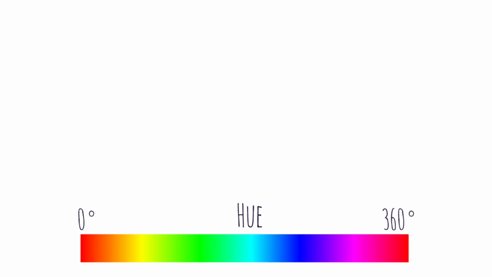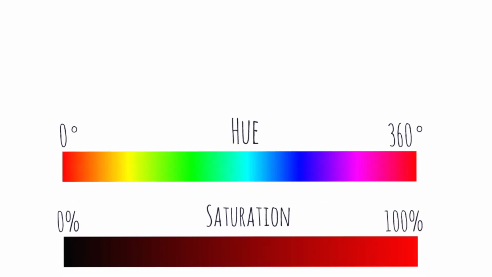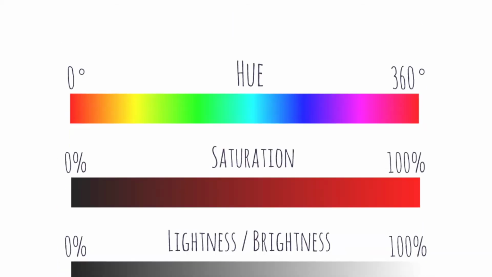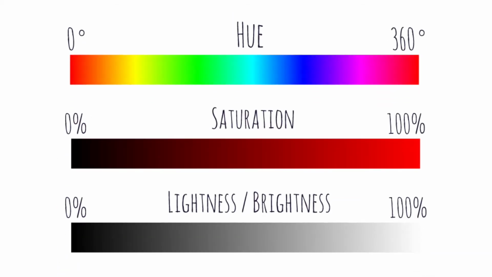Hue is slightly different from color because color can have varying saturation and brightness as well as hue. Saturation refers to the intensity of hue from gray tone to pure vivid color, while lightness is the level of lightness or darkness of a particular color.